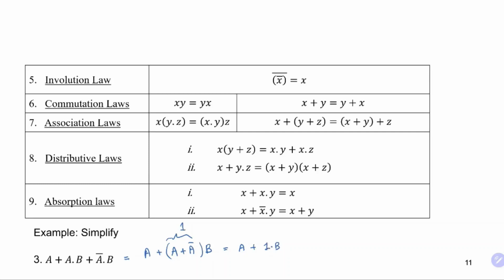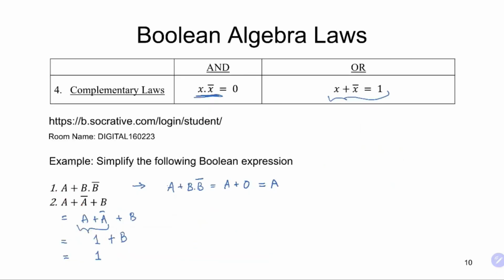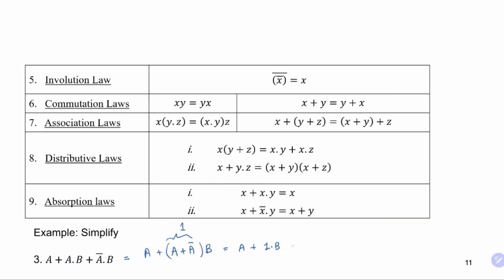One and B, what's that equal to? So X and with 1 will be equal to X. So that will be equal to B.